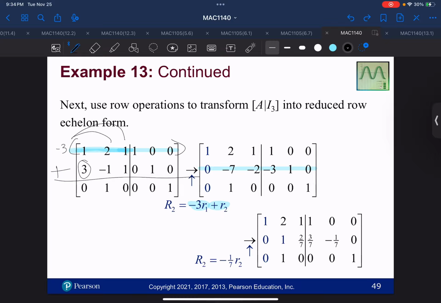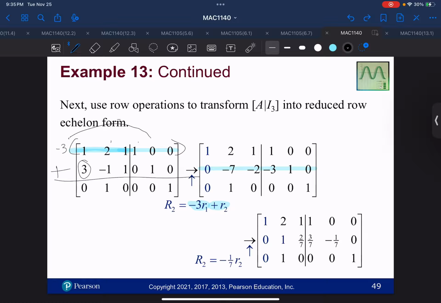When we get to this one, this is -3 times 1 plus 0, so that'll give me -3 right there. And then the next one, negative 3 times 0 is 0. 0 plus 1 is still 1. And then negative 3 times 0 is 0. Plus 0 is still 0.